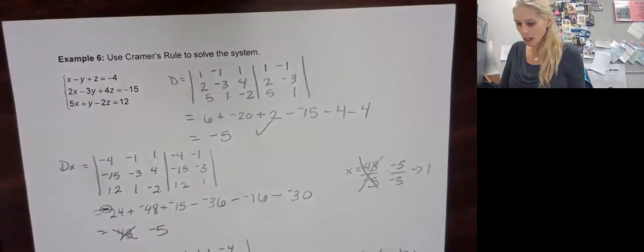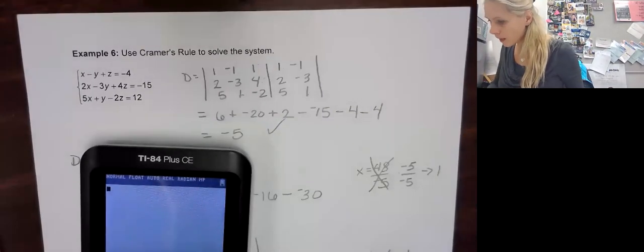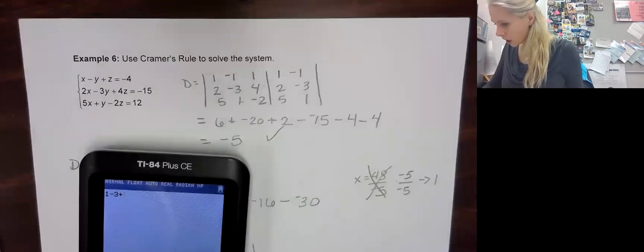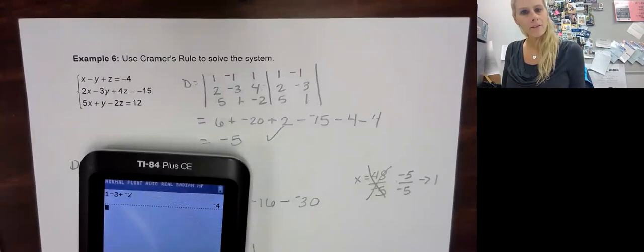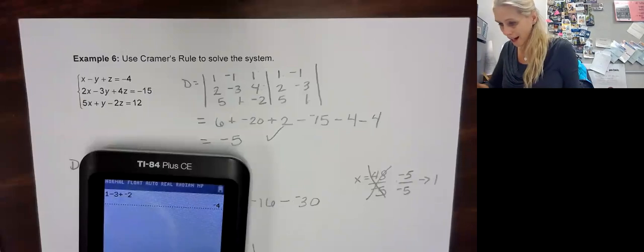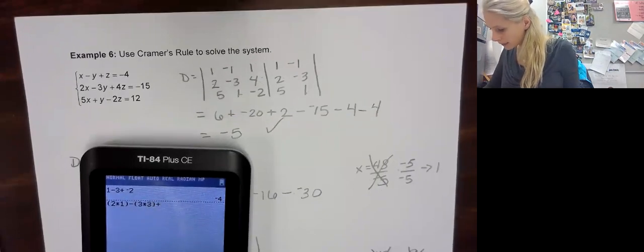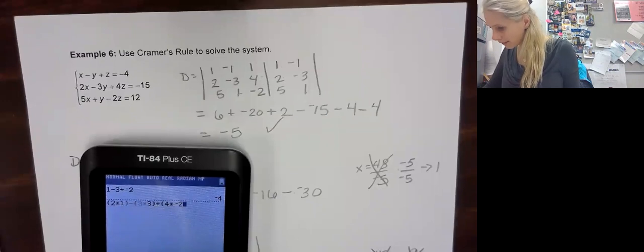Now you can see if you plug into the very top, I would get 1 minus our y value, which is 3, plus our z value, which is -2, and I get -4. I can double check that again with the second row and say, okay, 2 times 1 minus 3 times 3 plus 4 times -2.